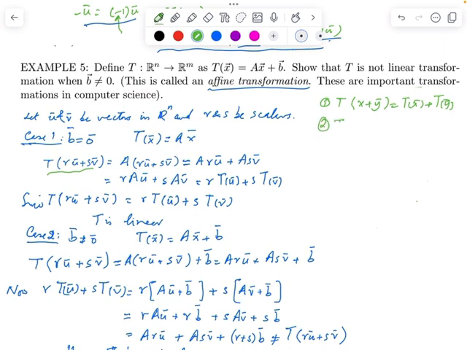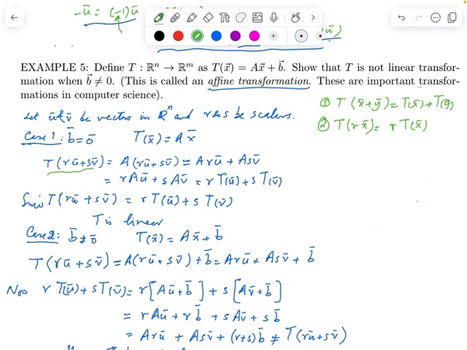And if you can show T of rx is equal to r times T of x, then it means the transformation is linear. And if one of the conditions fails, then we don't need to check the other condition.